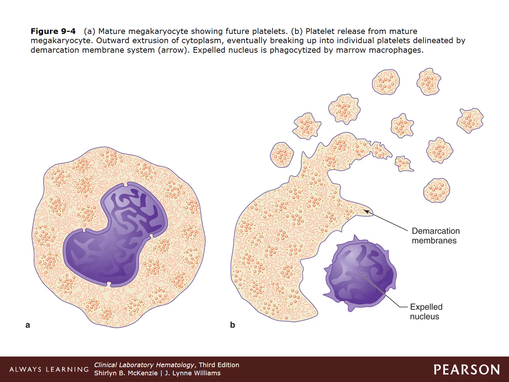It releases the proplatelets, which are protrusions of the cytoplasm of the megakaryocyte, where it breaks up into individual platelets. And each megakaryocyte can produce 1,000 to 3,000 platelets depending on the nuclear ploidy produced.